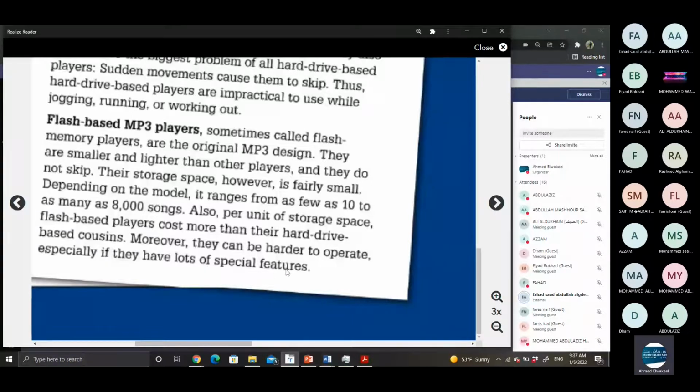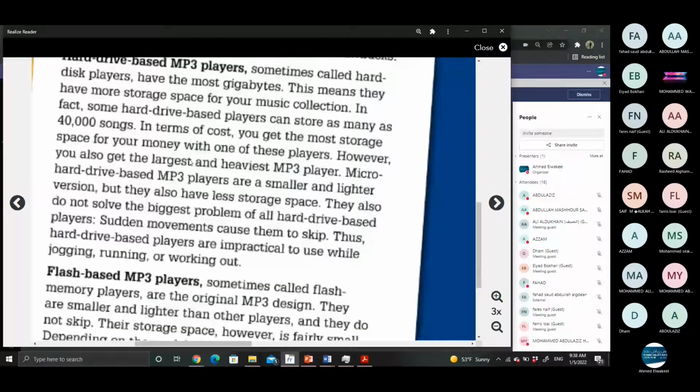Nice, bravo. So on the other hand, to speak about the flash-based players, they are sometimes called flash memory players. They are the original MP3 players. That's the original design. They are smaller and lighter than other players, so that's a merit, a good thing. And they do not skip. Good. Their storage space, however, is fairly small, so that's a demerit, a disadvantage, a bad thing. So here we're comparing everything.